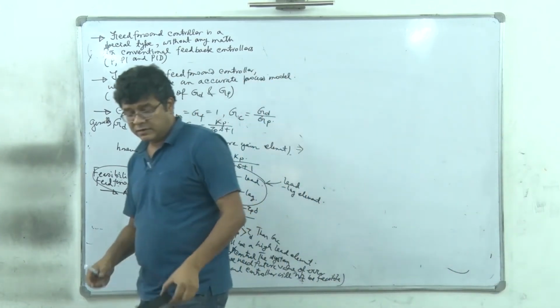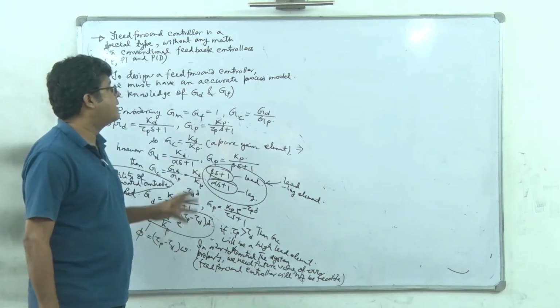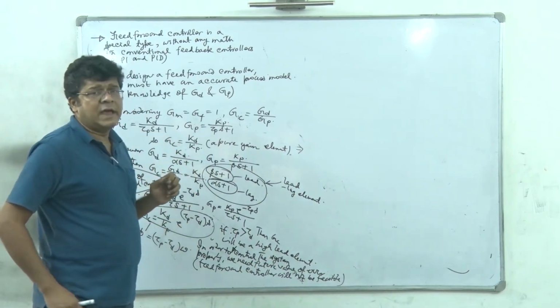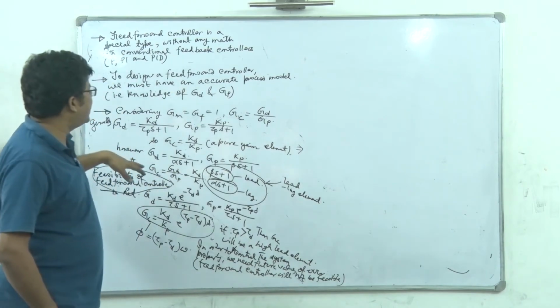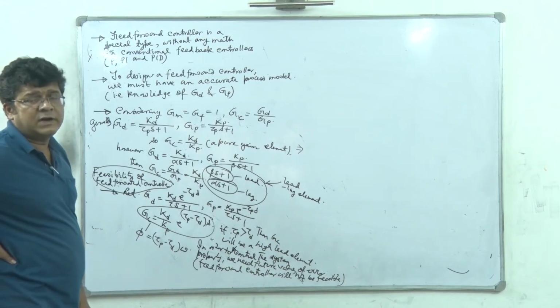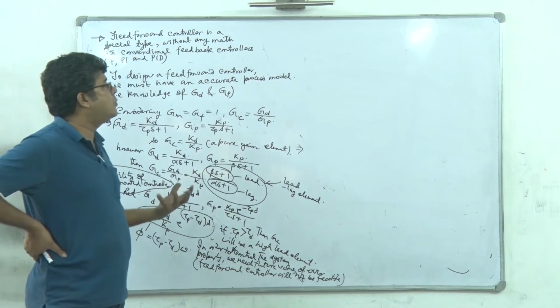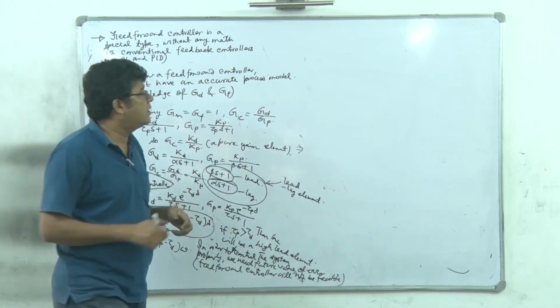Okay? So under this situation, we cannot design a feed forward control. Next, feed forward is a non-robust control strategy, so this is always to be coupled with feedback, right?